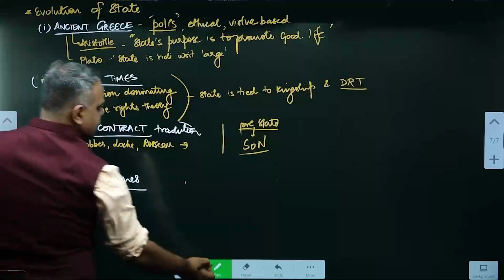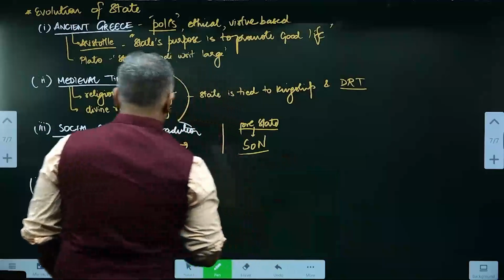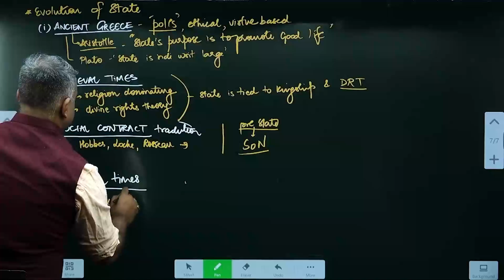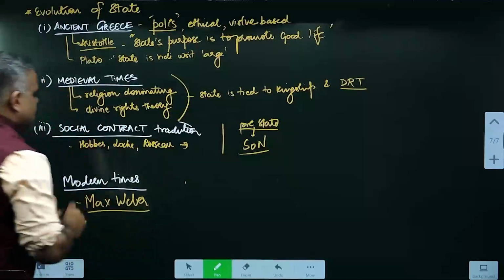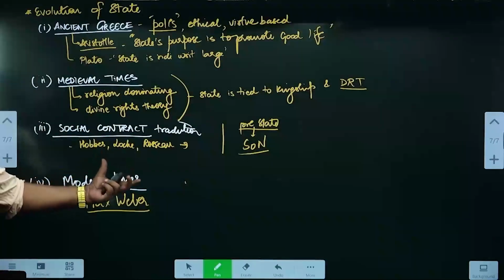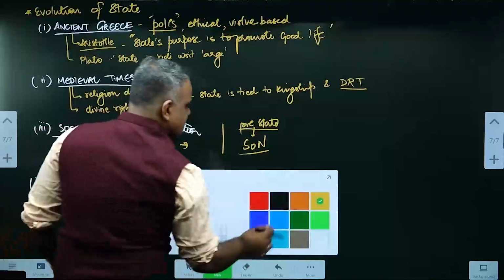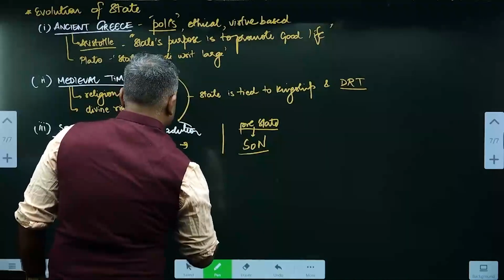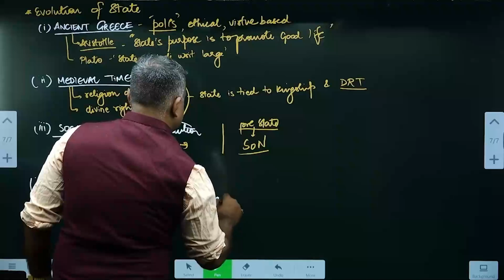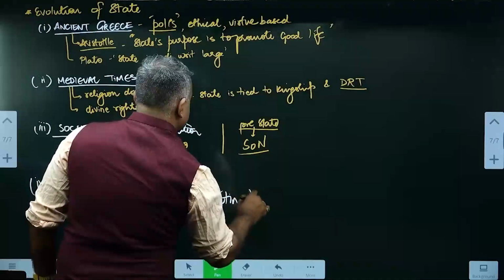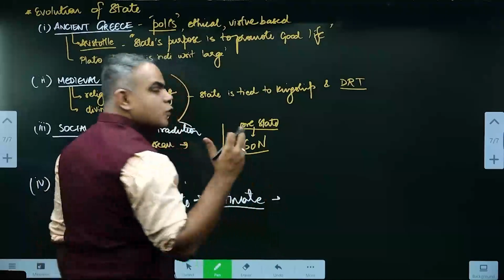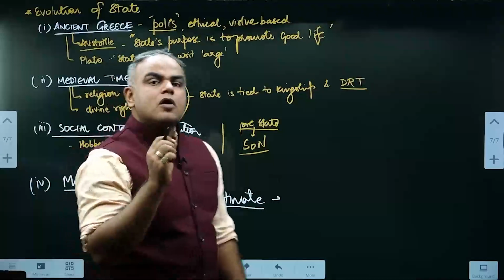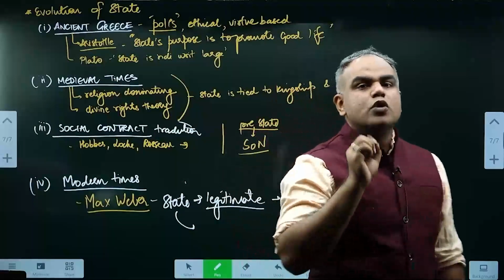Now, in modern times, what do we know? Again, Max Weber would come, and basically for Max Weber, the state will have the legitimacy to use force. In fact, he would say the monopoly on violence is to be exercised only by the state.